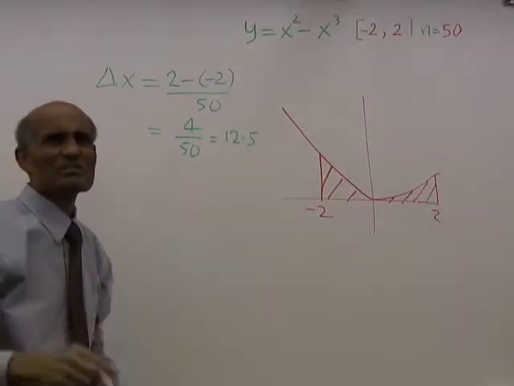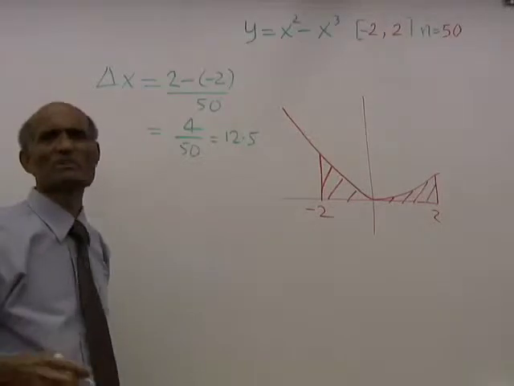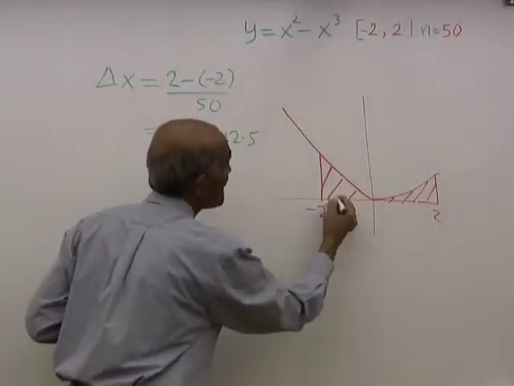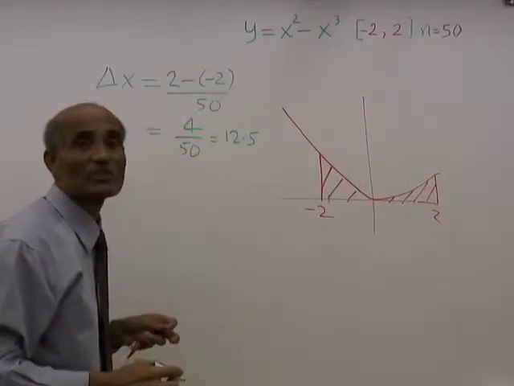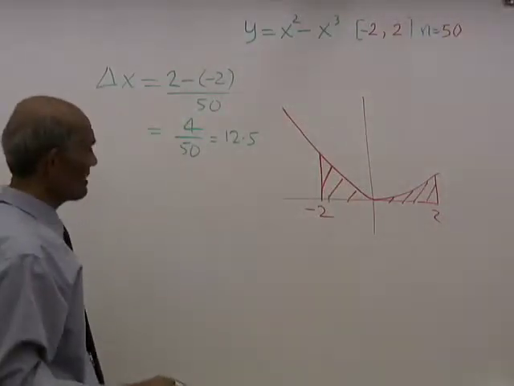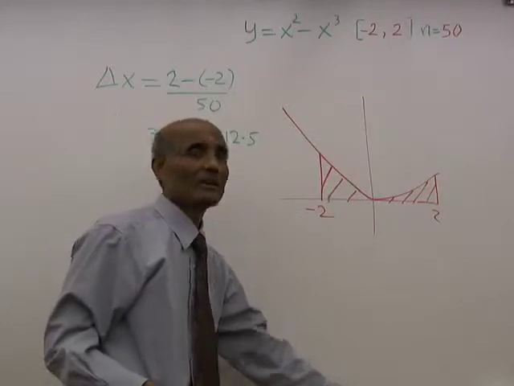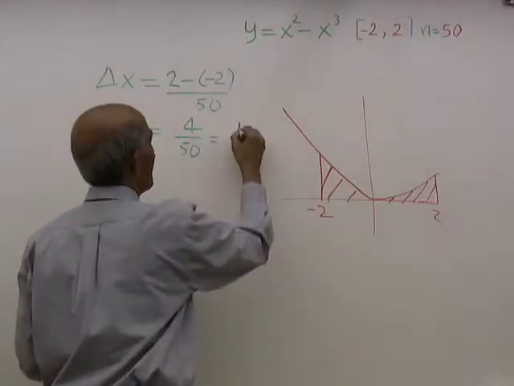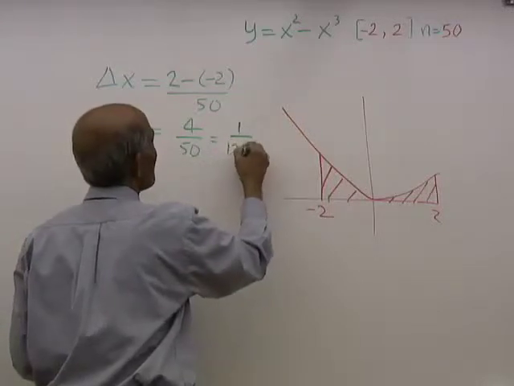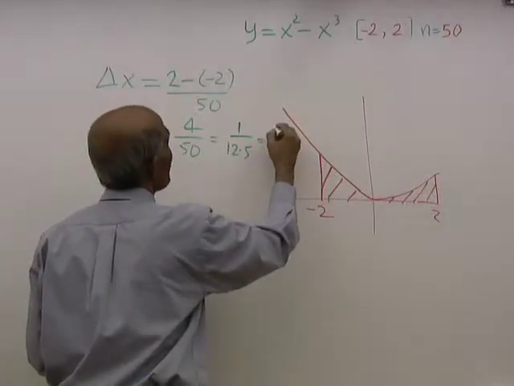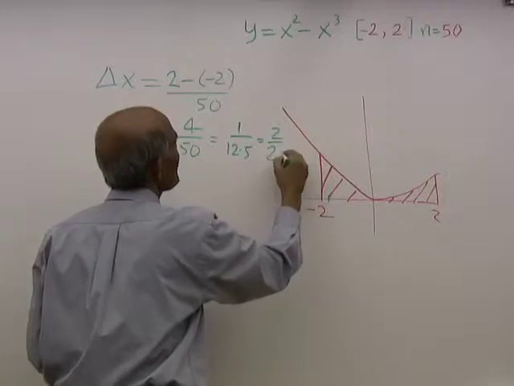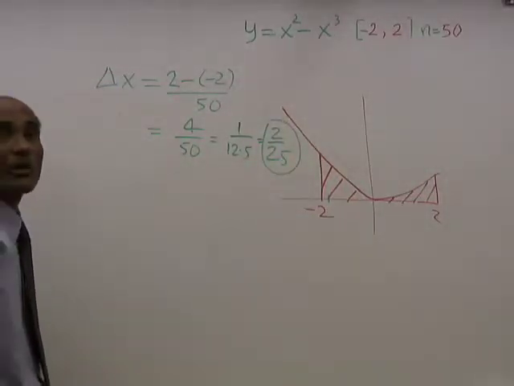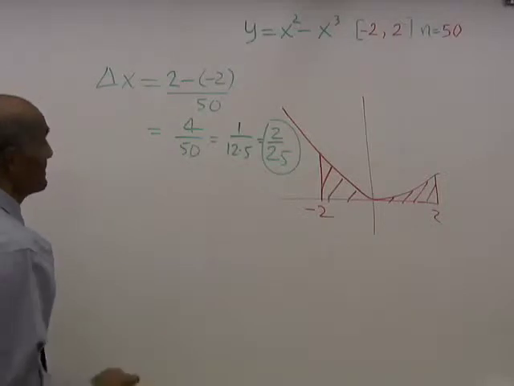That's a very difficult number because it's a decimal number. Doesn't matter. That means our delta x, the width of each rectangle is... Oh, did I say 12.5? What's wrong there? That should be 1 over 12.5, which is the same as 2 over 25. Let's use it that way. Our delta x is 2 over 25.